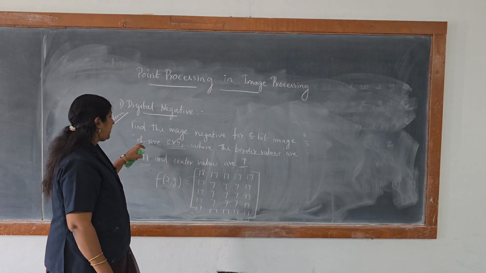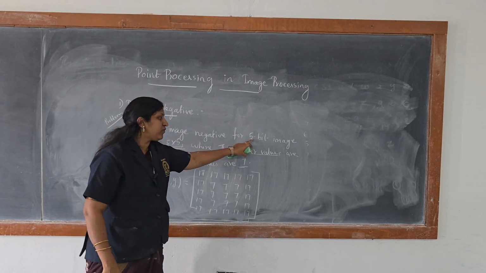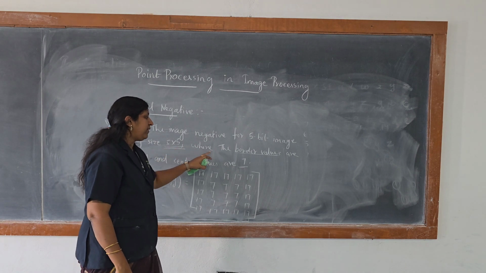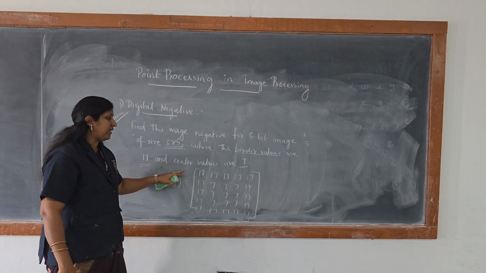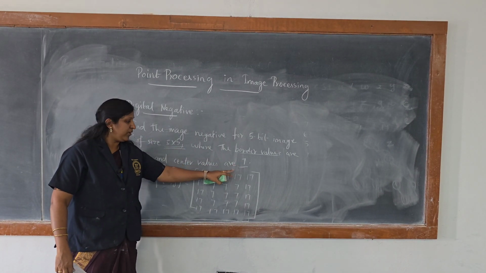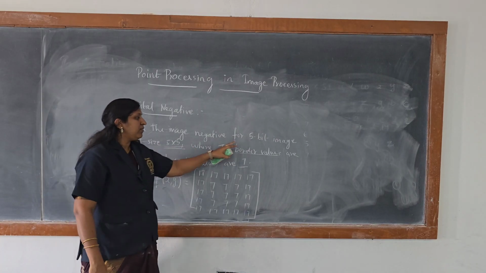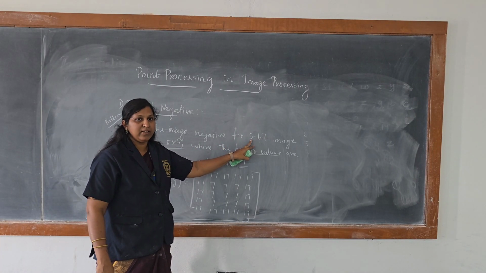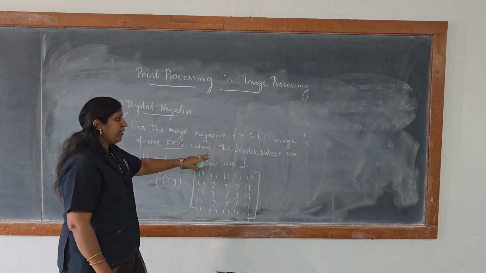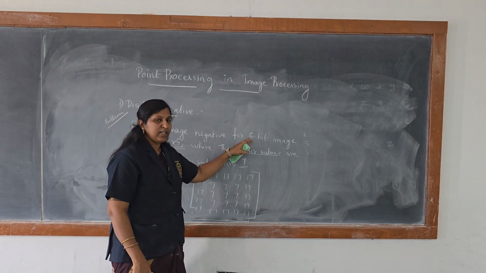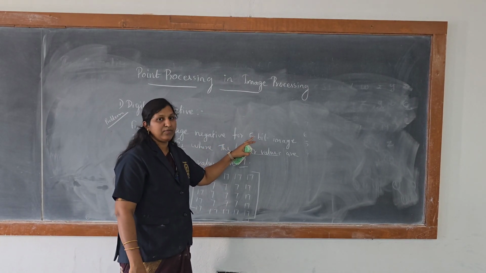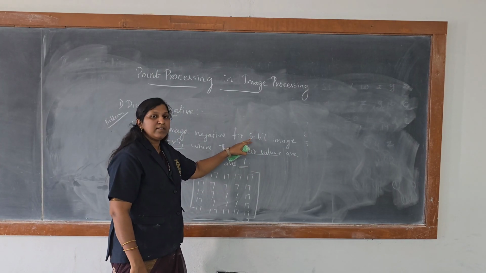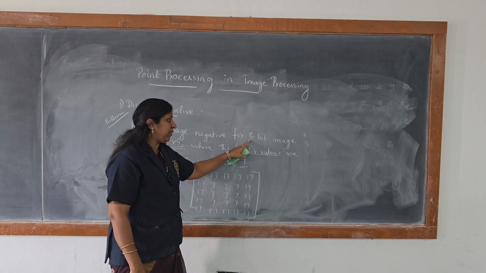So the given statement is size of the image is 5 bits and the image size is 5 cross 5 where the border values are 17 and the center values are 7. Okay, so if you know the size of the image, you can find L value, right? The previous session, I told you how to calculate the size of the image and from that we can calculate the L value. Here, the size of the image is directly given in the statement.